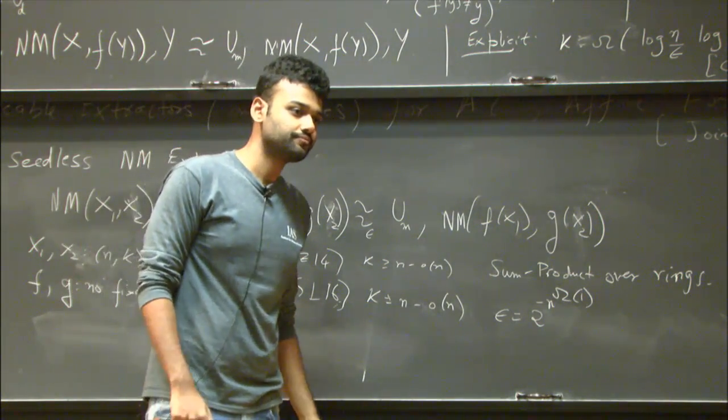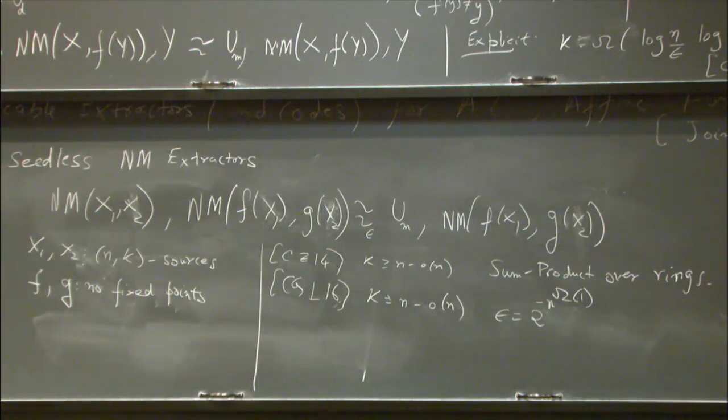So the usual two source extractors give bipartite Ramsey graphs. Do these give any nice graph? Yeah.